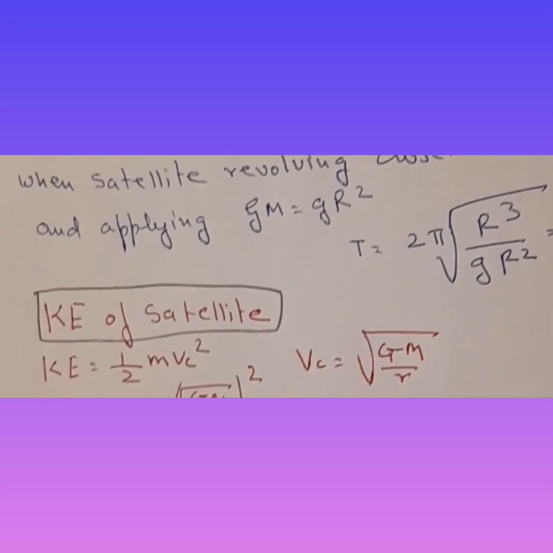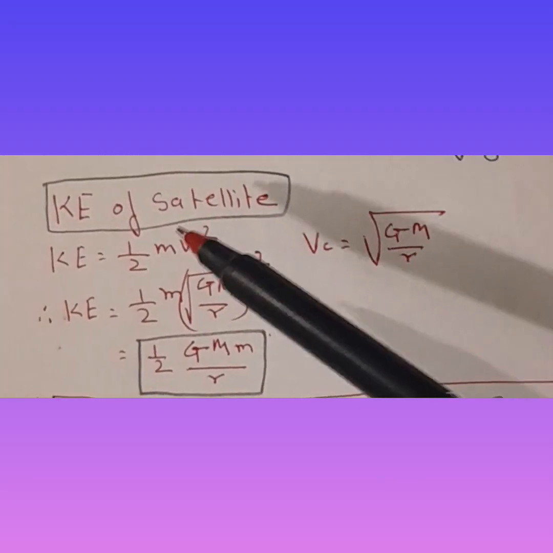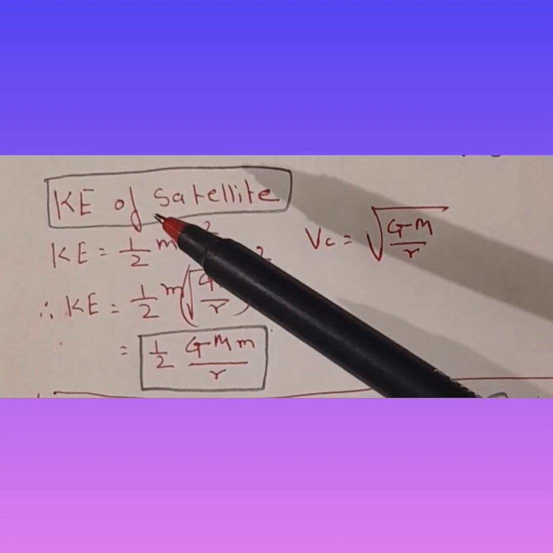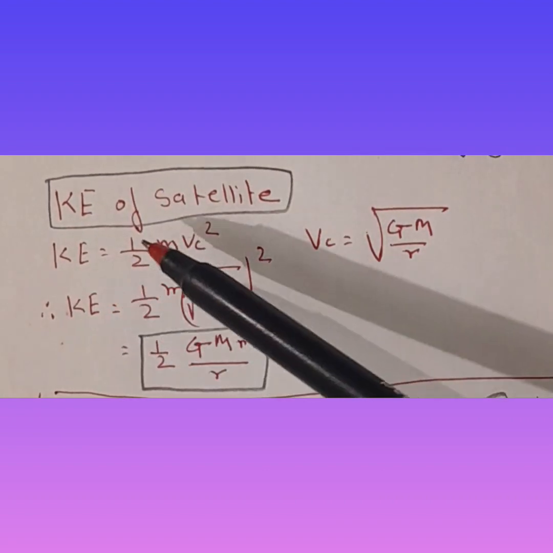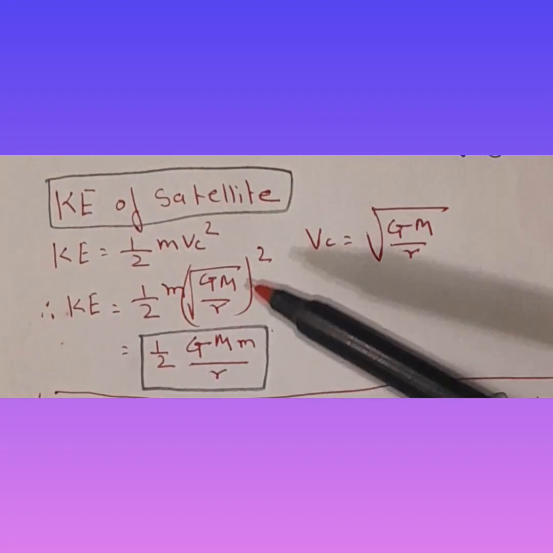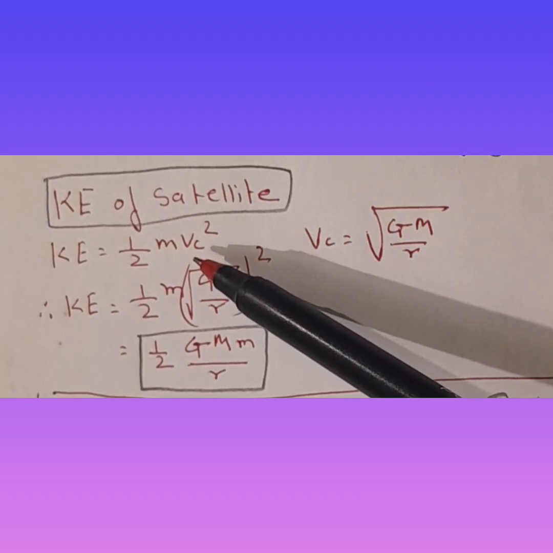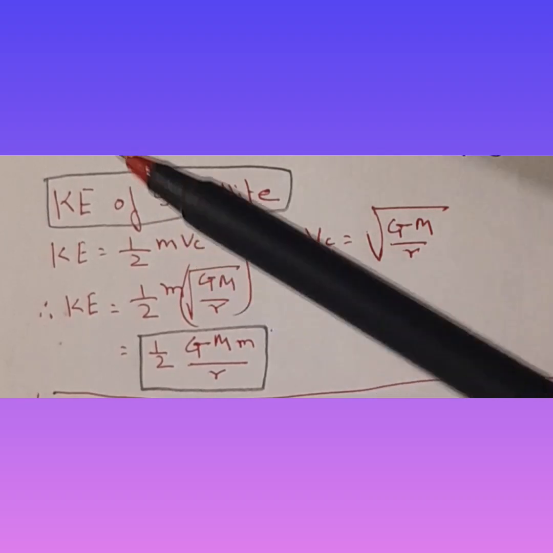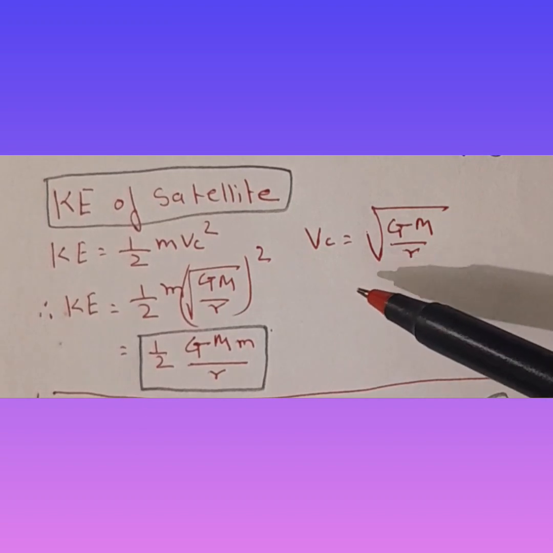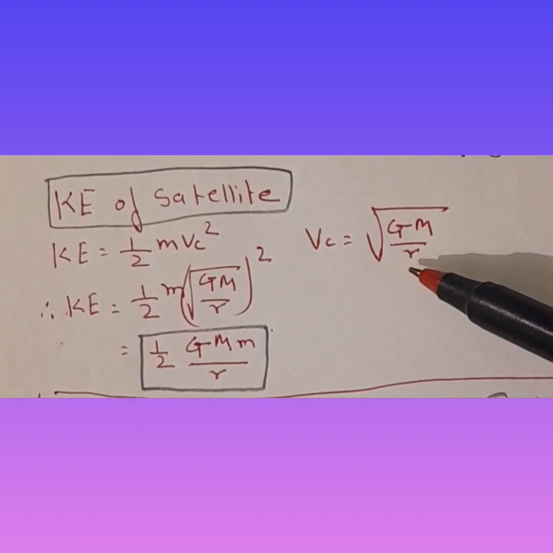Alright, now let's get into the kinetic energy of a satellite. Kinetic energy of the satellite is K equal to half m Vc square. Since it's in a circular orbit, we put in Vc, not VE. Vc we already saw is root GM upon r when it is at a distance from Earth.